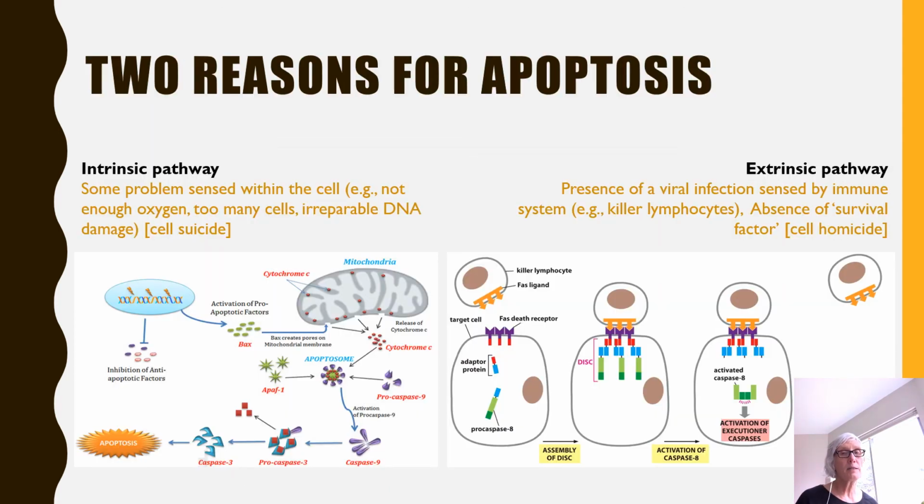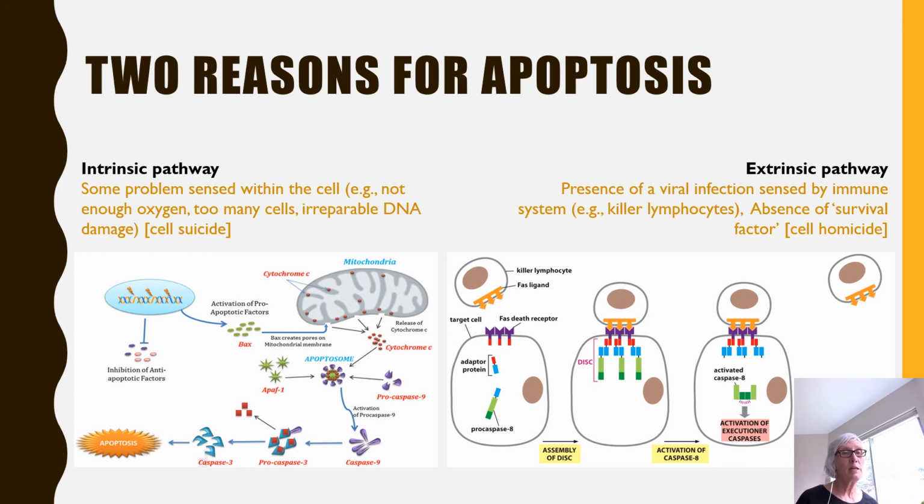There are two reasons that a cell might undergo apoptosis. The first of those is what's called the intrinsic pathway. The intrinsic apoptotic pathway occurs when a problem is sensed from inside of the cell. For example, if there's DNA damage, if there's not enough oxygen, if there are too many cells, a cell will undergo apoptosis via an essential cellular suicide.